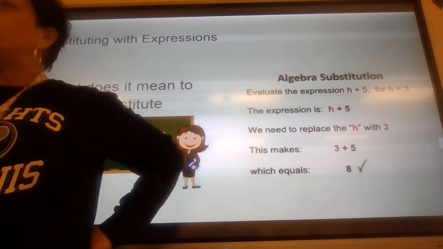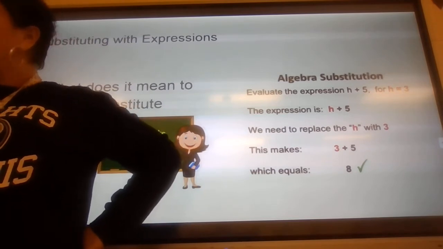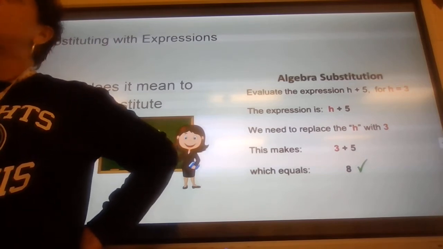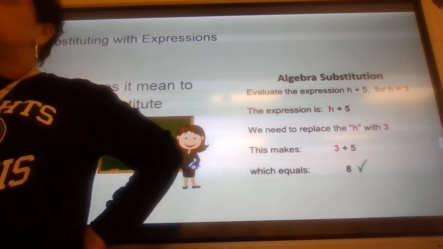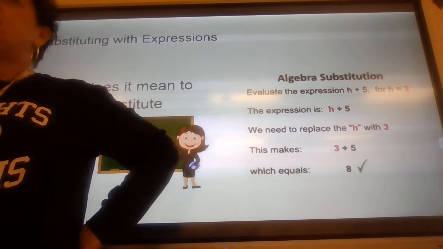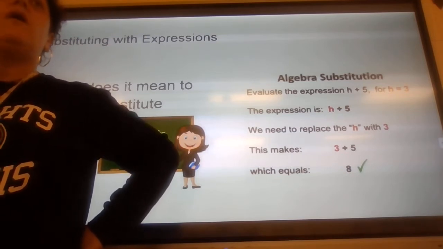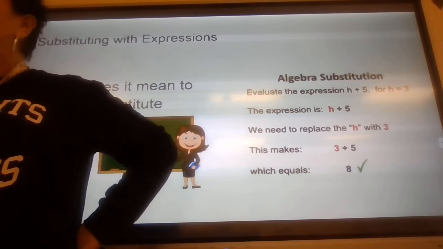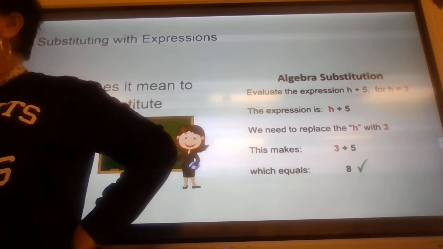Because somewhere in your directions, it's going to tell you, if it wants you to evaluate, don't be daydreaming, be listening to me. If it tells you it wants you to evaluate, it's going to give you values for your variables.